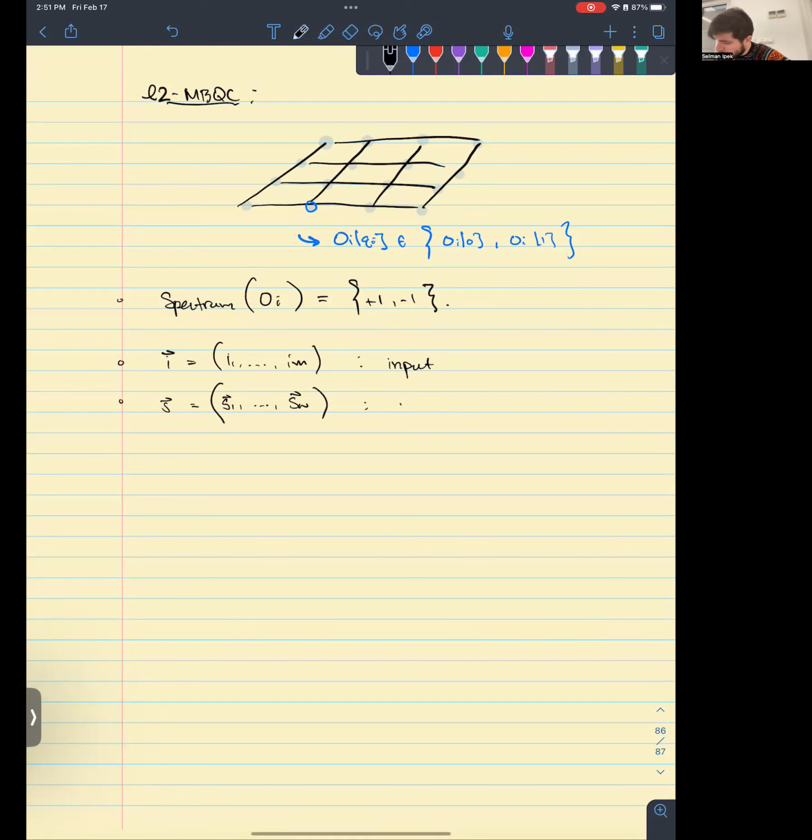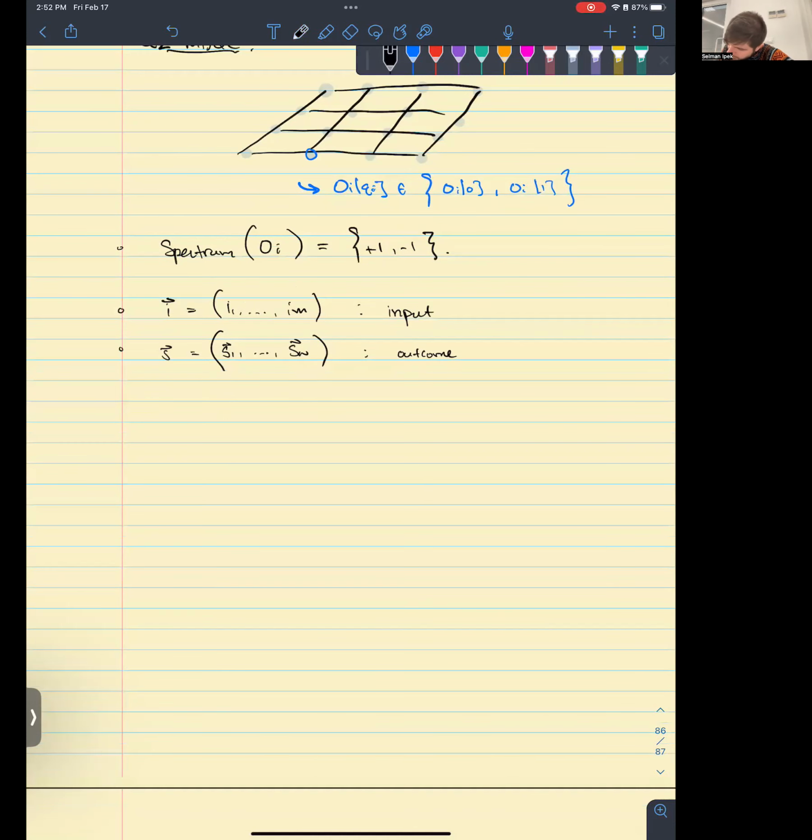I will say outcomes to distinguish from the next ingredient, which is the outcome of the computational output of the whole scheme, which will be 0, 1 to 0k. These are all the possible different measurement combinations. There's k of them. So this is the computational.